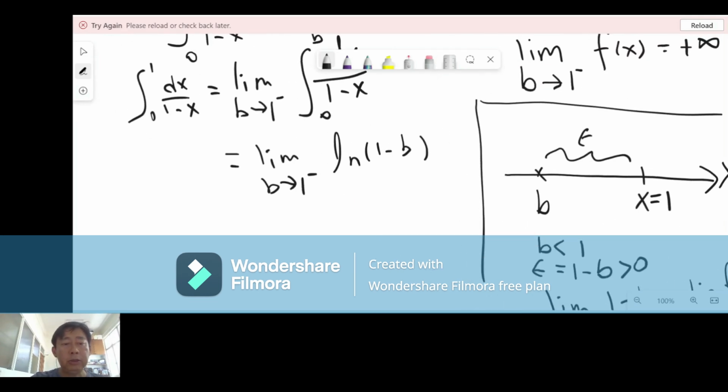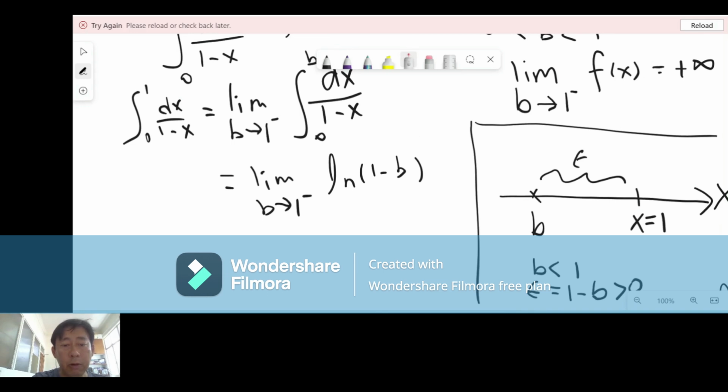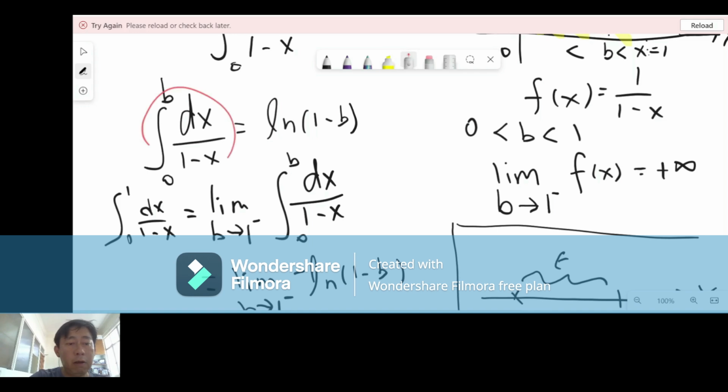So we come back to this limit. Now I'm sorry, here I have missed a factor of minus because the integration of 1 over 1 minus x evaluated between b and 0 has a minus sign. This minus sign comes from the factor of minus 1 of the 1 minus x term.